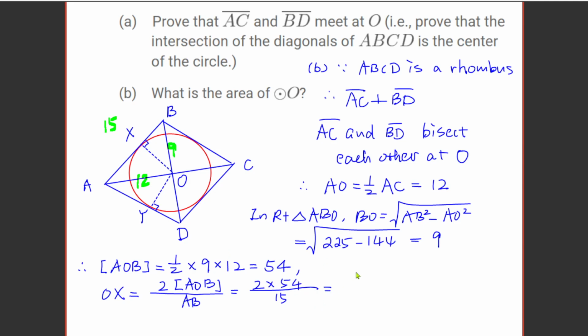And this gives us 36 over 5. Therefore, the area of circle O is given by OX squared times pi, where OX is the radius. So that gives us 1296 pi over 25.